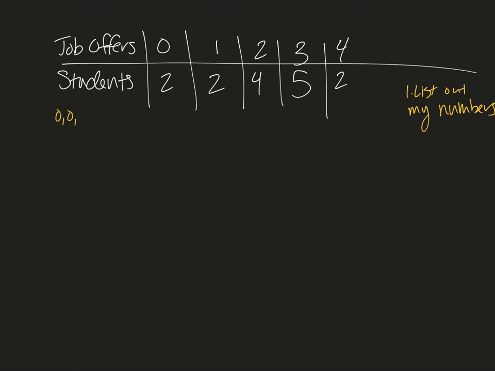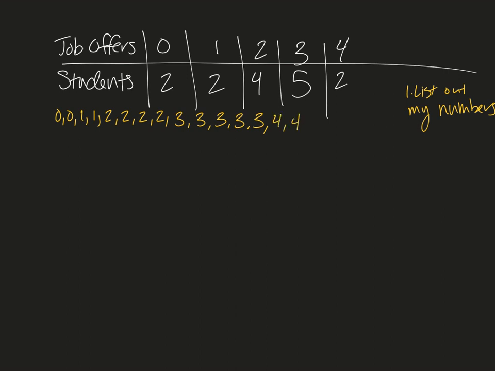Then I have 2 students that got 1 job offer. So that means 1 job offer came up twice. And I'm going to continue on with this. So 4 that got 2 job offers. So 1, 2, 3, 4 students got 2 job offers. 5 students got 3. So 1, 2, 3, 4, 5. And then 2 students got 4.